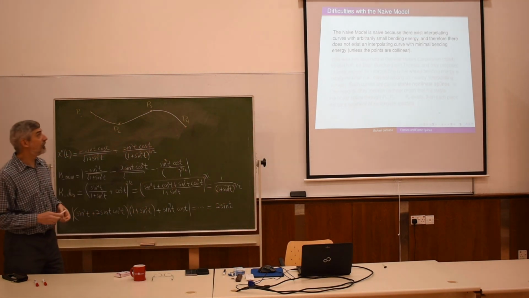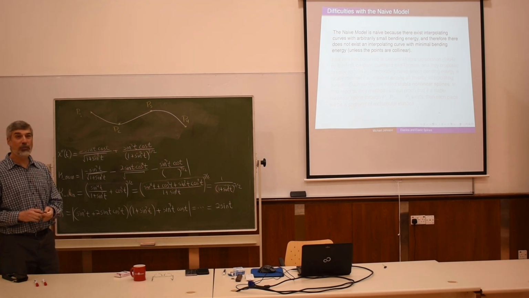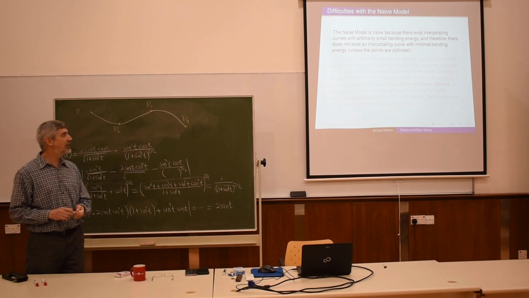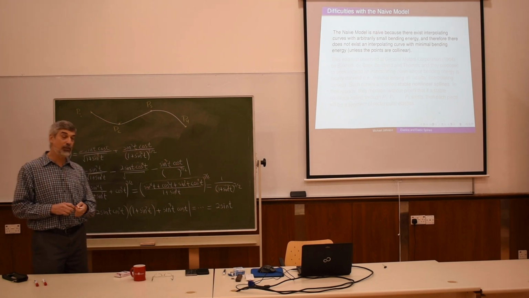Okay, so here's the problem. The naive model is naive because there exist interpolating curves with arbitrarily small bending energy. And therefore, there does not exist an interpolating curve with minimal bending energy. It's hard to believe.